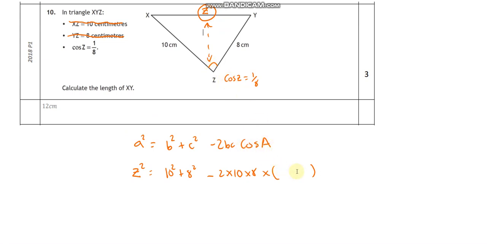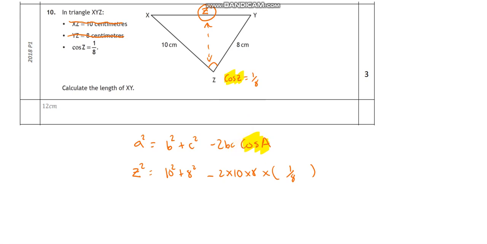So cos A, now usually they would give you the angle and you would say cos of 60 degrees or whatever. But this has actually done it for us. It said, well, wait a minute, cos of that angle is 1/8. All I have to do is put in 1/8, not cos of an eighth, just 1/8. This whole term here, cos A, is the same as 1/8, isn't it?